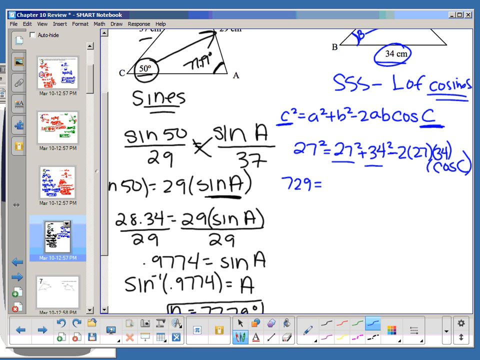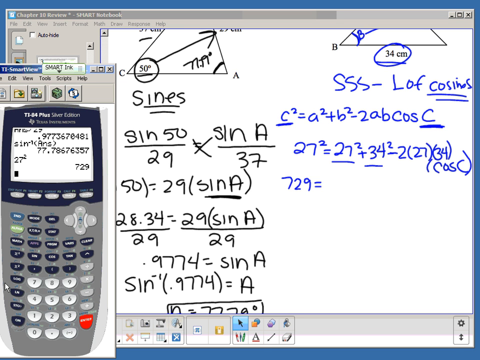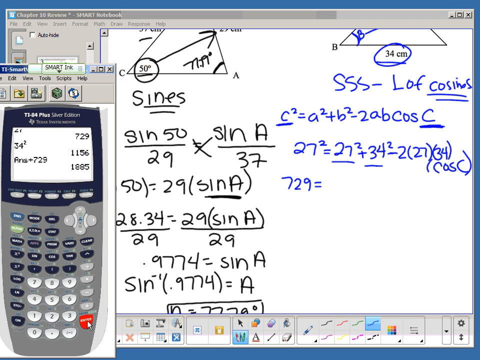But notice I'm not going to automatically type this end part in my calculator because that's attached by multiplication. It's 27 times 34 times cosine of c. So I can't add those together yet. So I have 27 squared plus 34 squared. So I'm going to add those together. I get 1885.